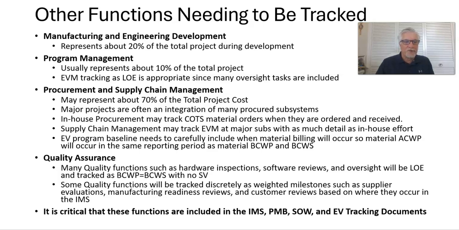So this is usually tracked as level of effort. Like I said, since many oversight functions are included and they're not tied to specific discrete tasks, it can't be apportioned. This represents about 10% of the total project, which is not a huge amount, but it can be a pretty significant program management staff on a large project.